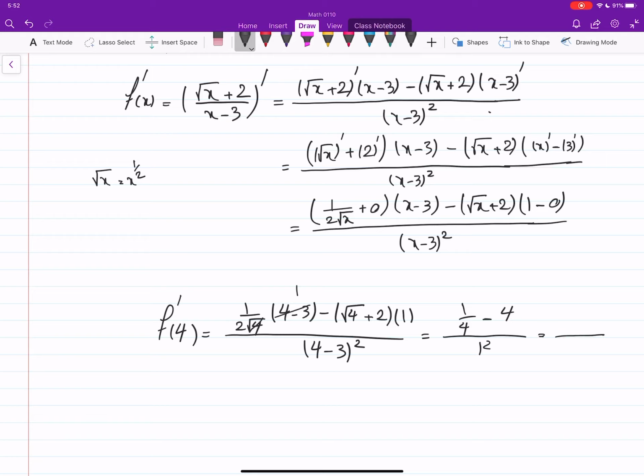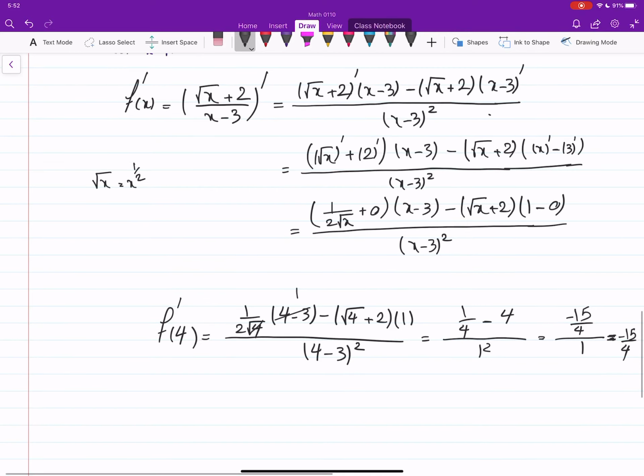So that will give us 1 minus 16 over 4, so it will be negative 15 over 4. Negative 15 over 4 is the rate of change of this function at that point.